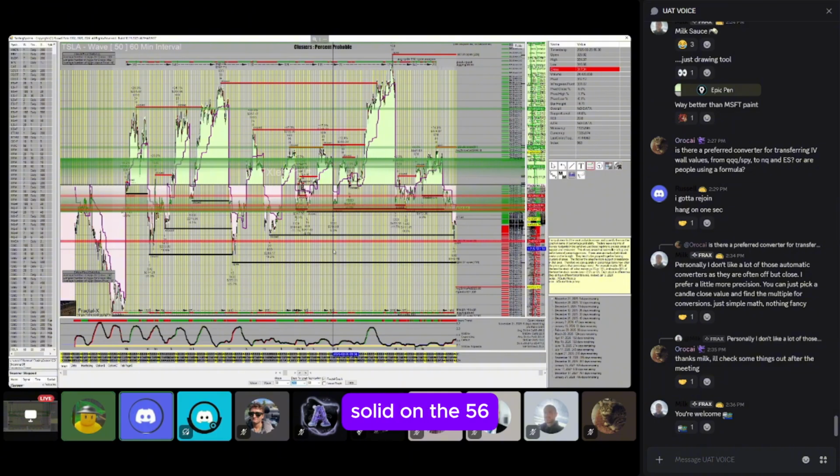Cool stuff, looks pretty solid on the 56. I've never looked at the 50-60 on it, to be honest with you. That looks pretty good because it looks very defined. If you can break out of the green, you have a shot at higher upside. If you can't really break out of the green or it's lingering around, then it kind of caps off.